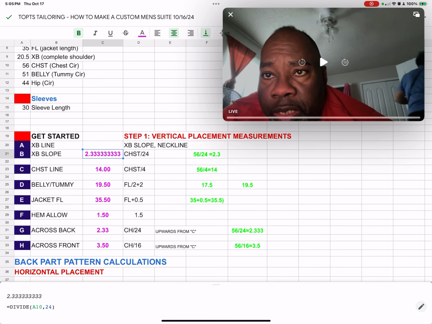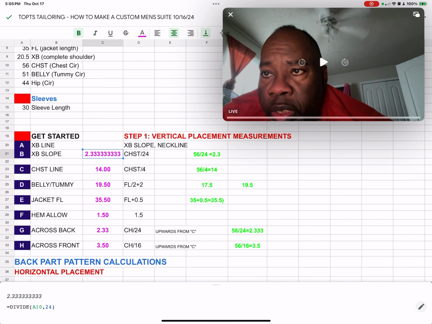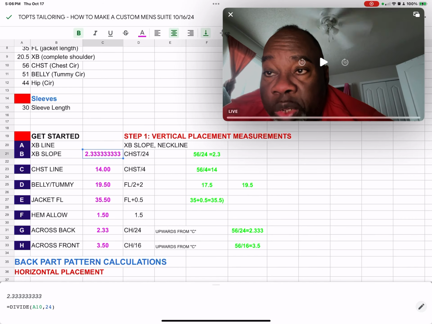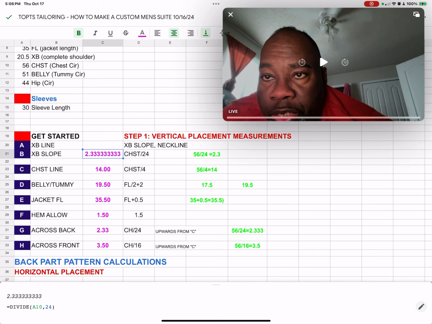Anyway, 56 divided by 4 equals 14. Then going down to the tummy, 35 divided by 2 plus 2. So it's 17.5 plus 2 equals 19.5. And I'm sorry for messing up there.